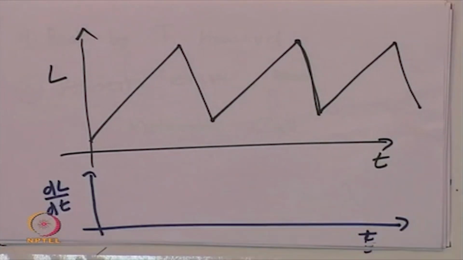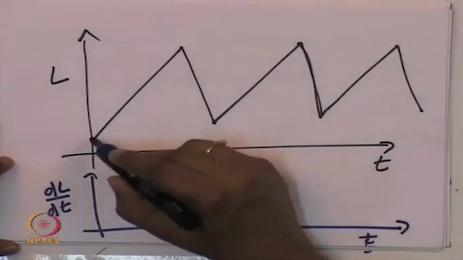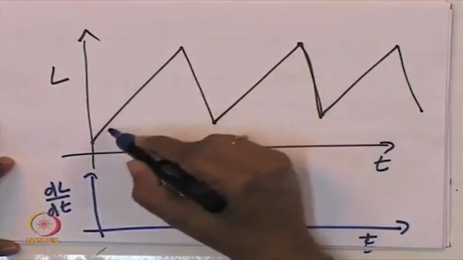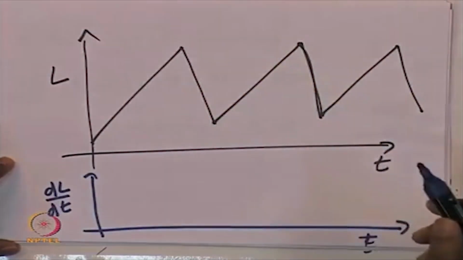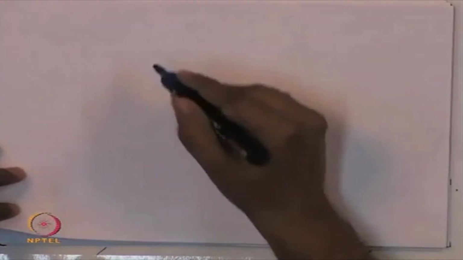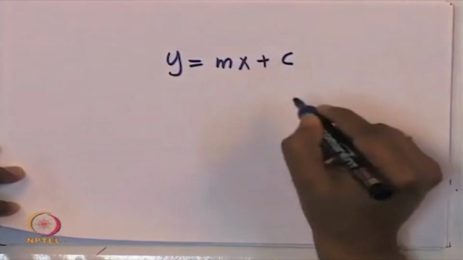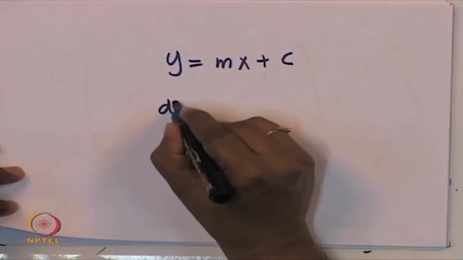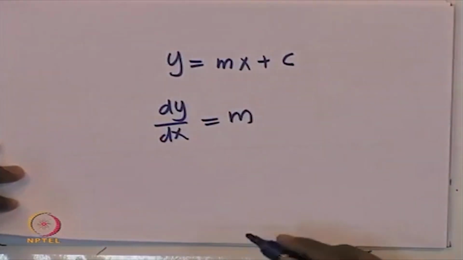Now, if you plot the derivative of this, look here. This is just a straight line. So, what is the derivative of a straight line? As you all know, a straight line has an equation y is equal to mx plus c, we discussed it, and the derivative dy by dx is m, it is a constant.